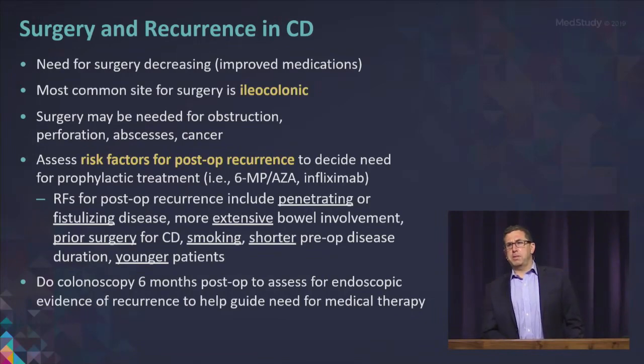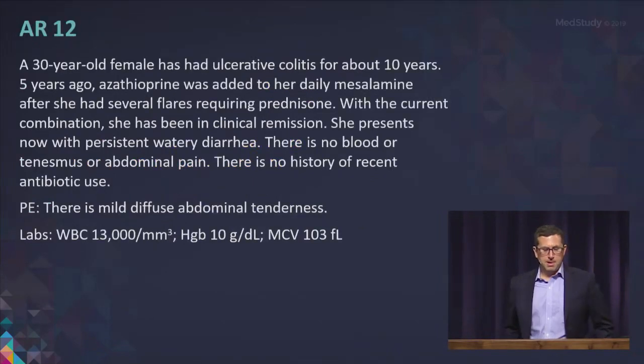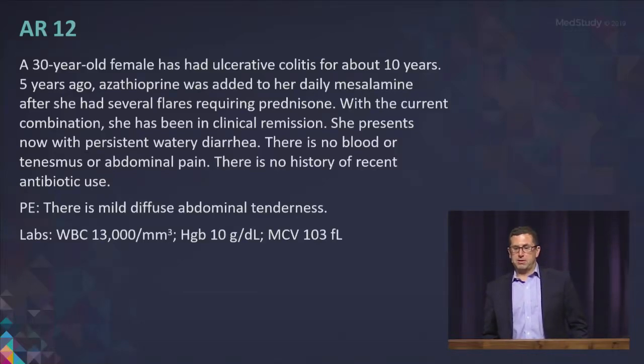And so a lot of times after a patient has had surgery, about 6 months later, we'll go in with a colonoscope and we'll assess the anastomotic site, and we'll use that information in conjunction with these risk factors to make a determination of whether or not we're going to put them on prophylactic medicines to prevent future recurrence.